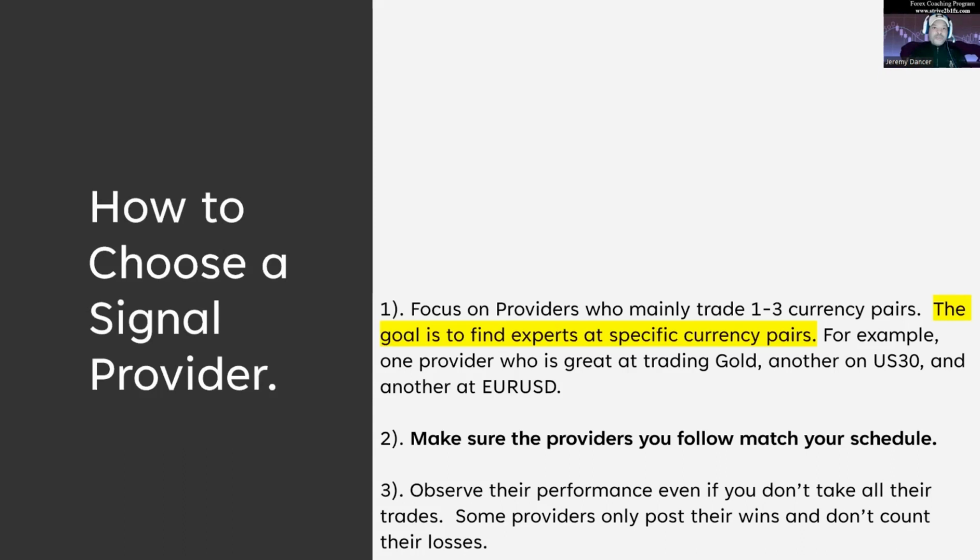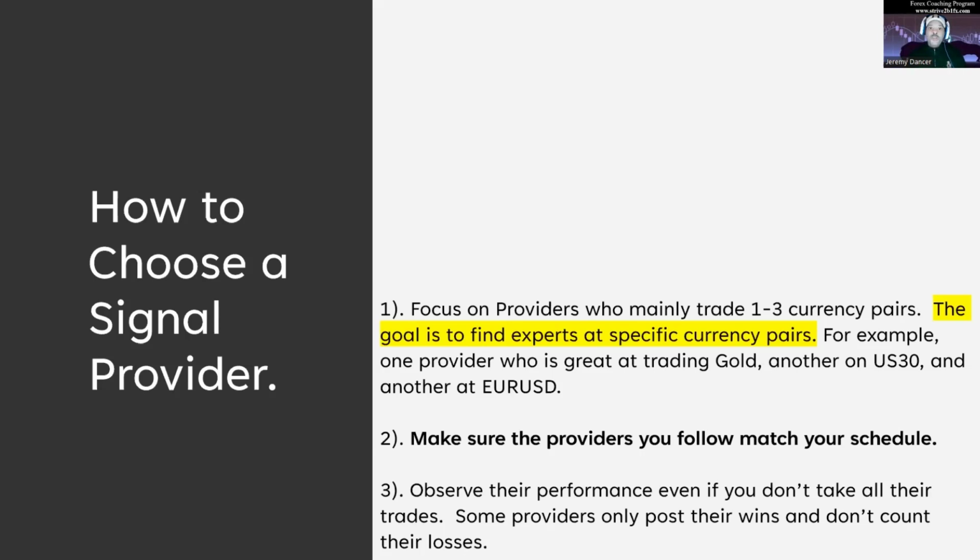A lot of people love using signal providers because of the stress and anxiety when it comes to finding their own trades. So many providers will just send out like 20 different signals a day and see what sticks. Stay away from those type of providers because the only way you're going to be consistent with them is if you take all of their trades, and that's just too much to do.